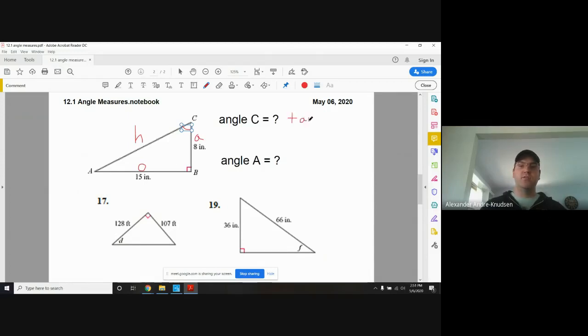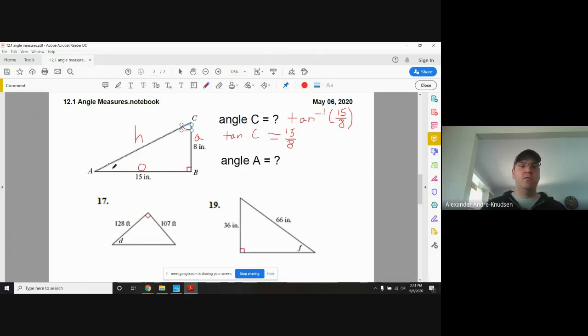Angle C is equal to the tangent, or inverse tangent. Sorry, we're finding the angle, so we're using inverse tangent of opposite over adjacent, 15 over 8. Meaning, right, our tangent of C equals 15 over 8. So if we need to find the angle, we're going to use inverse tangent. Angle A over here.